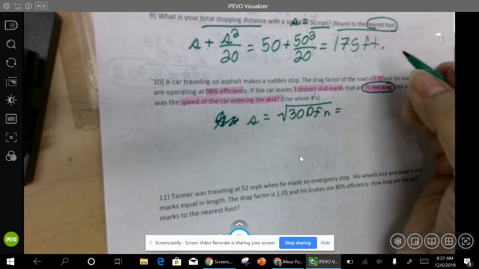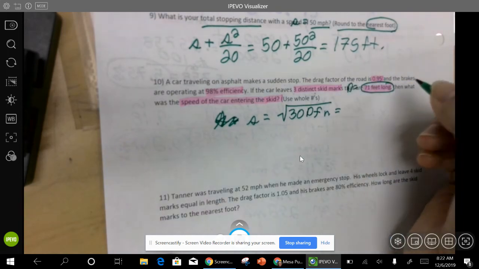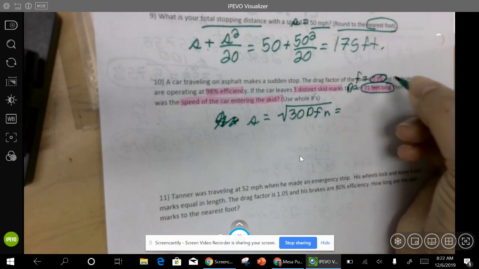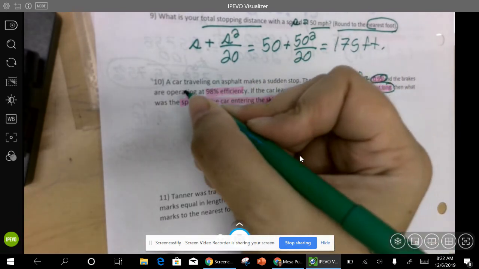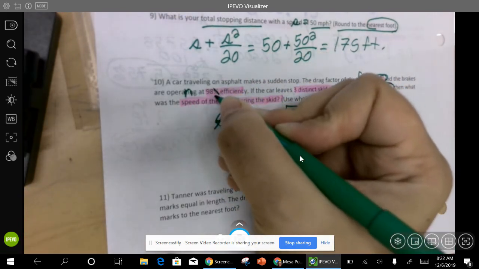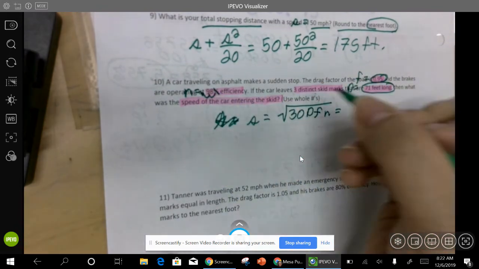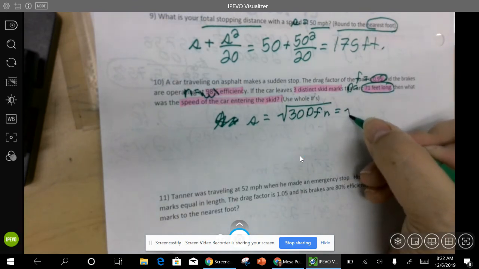The distance is 71 feet. The drag factor is 0.95. Braking efficiency, everybody, remember, we drop the percent sign and go to the left, so it's 0.98. I'm going to go ahead and substitute those in.